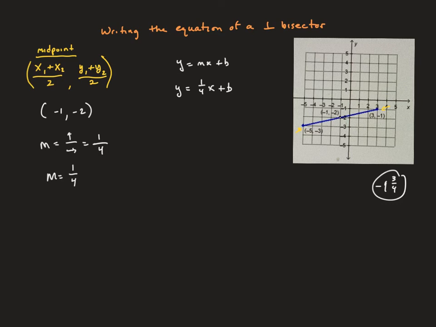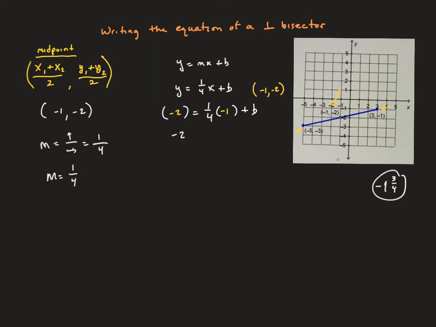So I'm going to go ahead and use the point that we are working with, and I'm going to substitute in the -1, -2 for my x and my y. So the y is going to be -2. That is going to equal 1/4 times my x, which is -1, plus b to calculate my y-intercept.